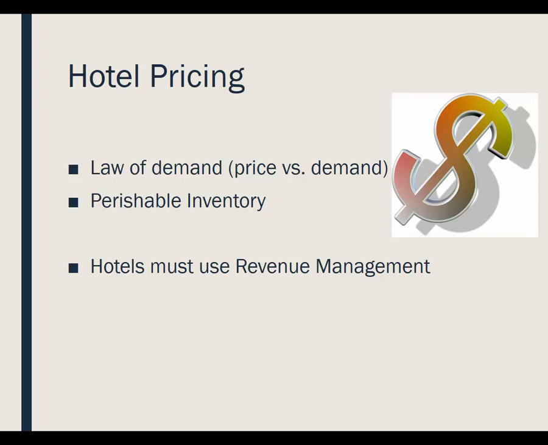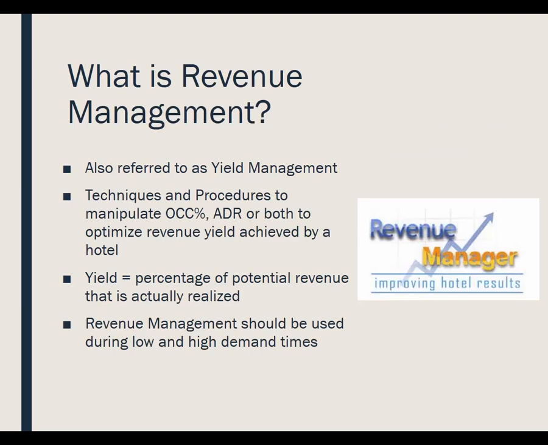Okay? Now, hotels have to use something called revenue management in order to manage the price versus demand properly, so that you're not charging not enough, but you're also taking advantage of certain moments in time as well. So what is revenue management? Well, it's also referred to as yield management.